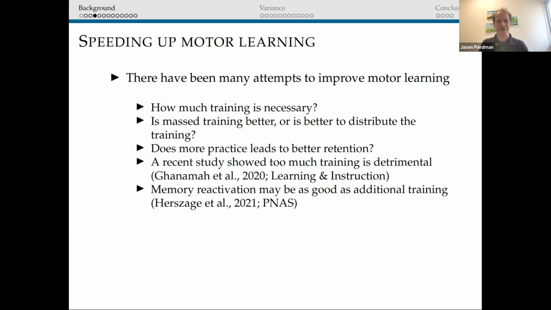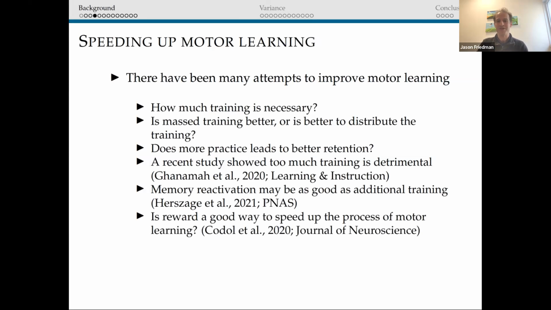And also this is from some other researchers from Tel Aviv. We know that memory reactivation, just performing a very small amount of reactivating the memory rather than performing a large amount of training each day, in some cases may be as good or nearly as good as doing additional training. And another method that's being used often is the idea of reward.